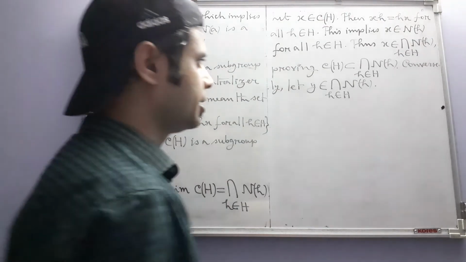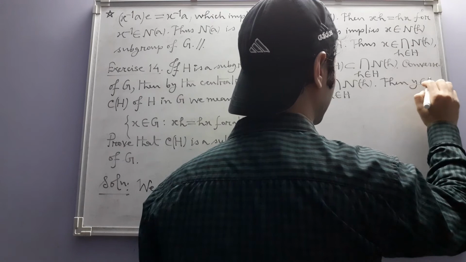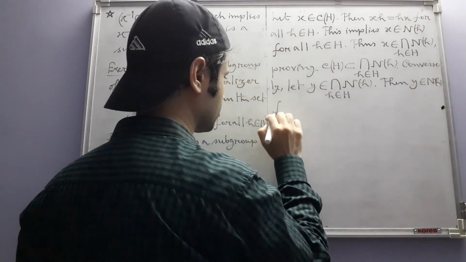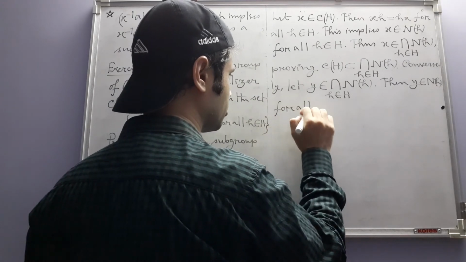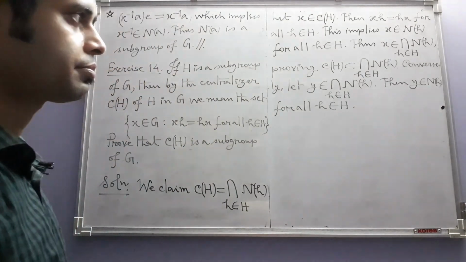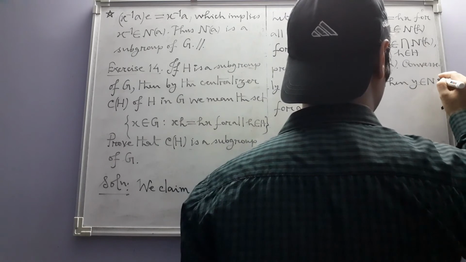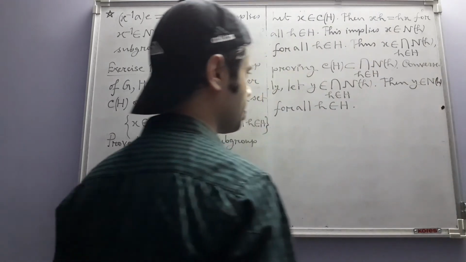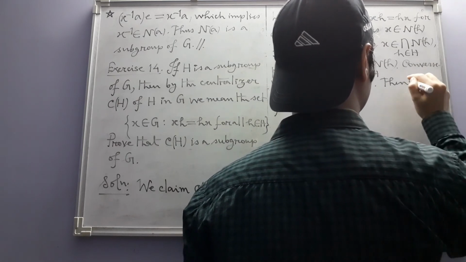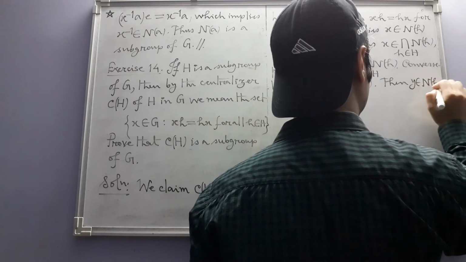Then Y belongs to NH for all H belonging to H by the definition of this intersection. Let me write it properly. Y belongs to NH.